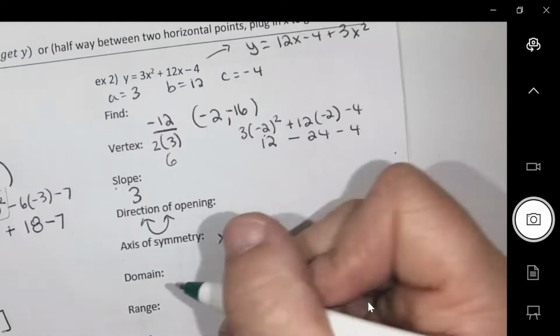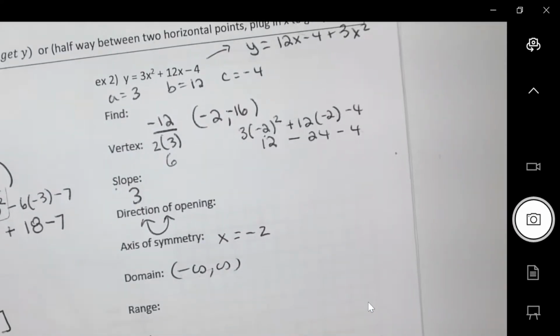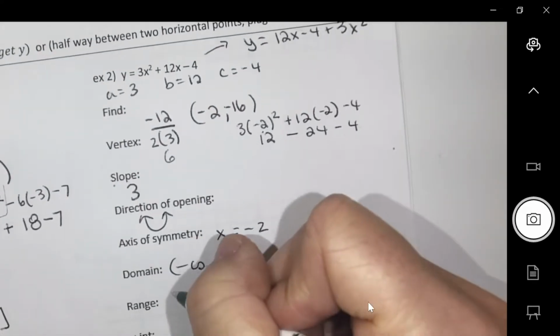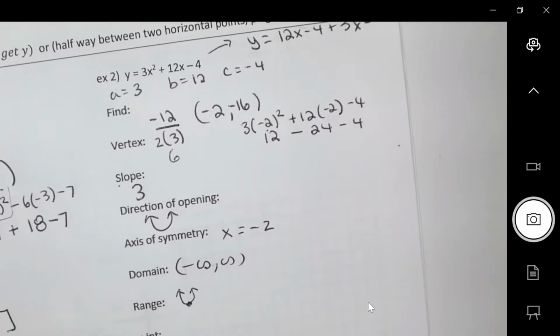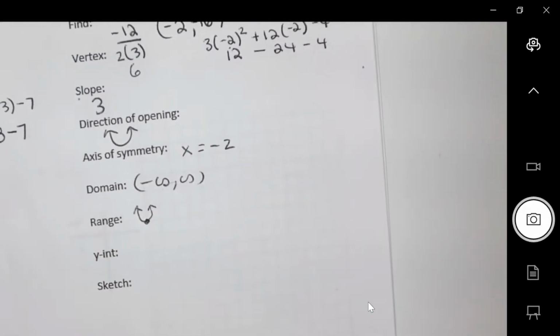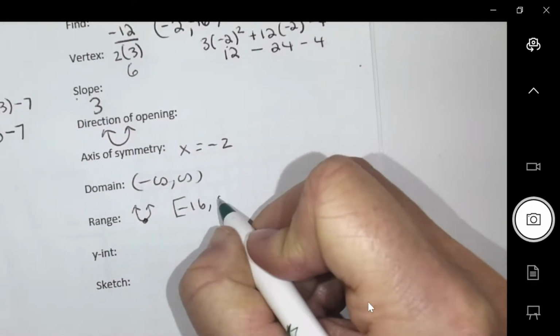The domain, -infinity to positive infinity. And the range, so I'm visualizing that upward, so some number to infinity. -16 to infinity.